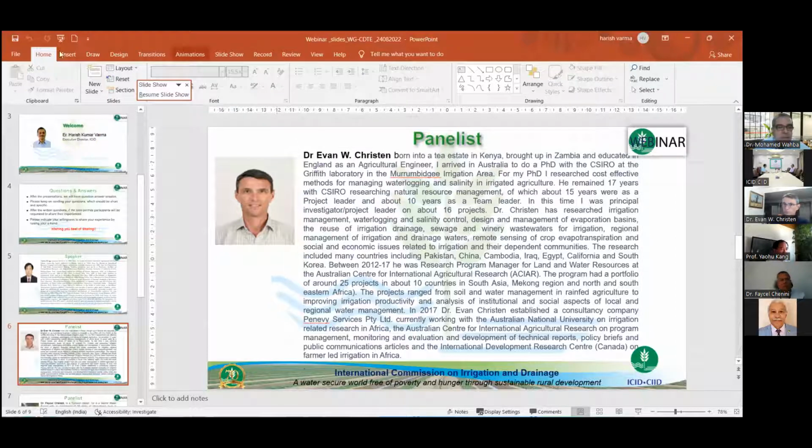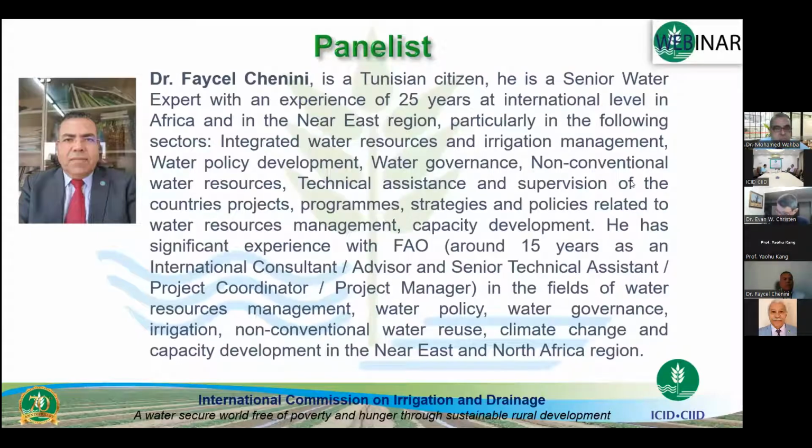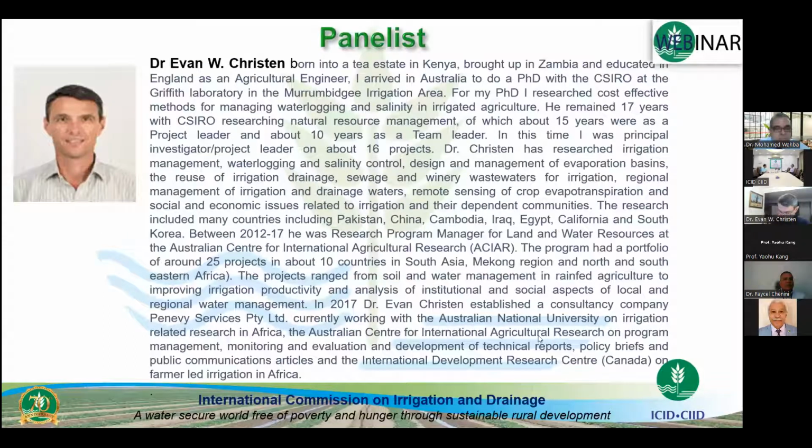For his PhD, he researched cost-effective methods for managing waterlogging and salinity in irrigated agriculture. He remained 17 years with CSIRO researching natural resources management, of which about 15 years were as a project leader and about 10 years as a team leader.